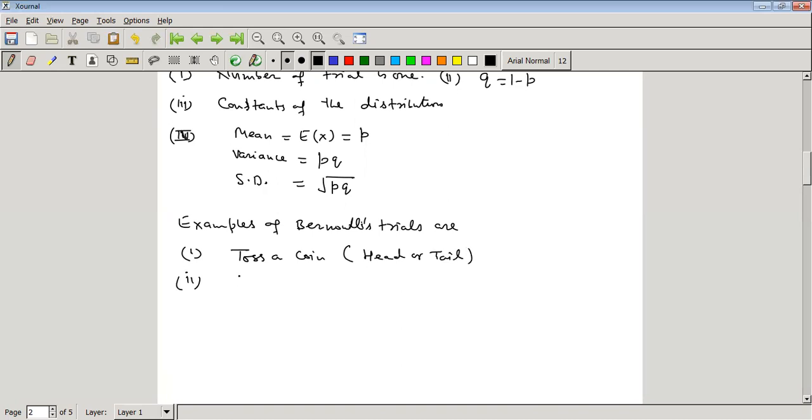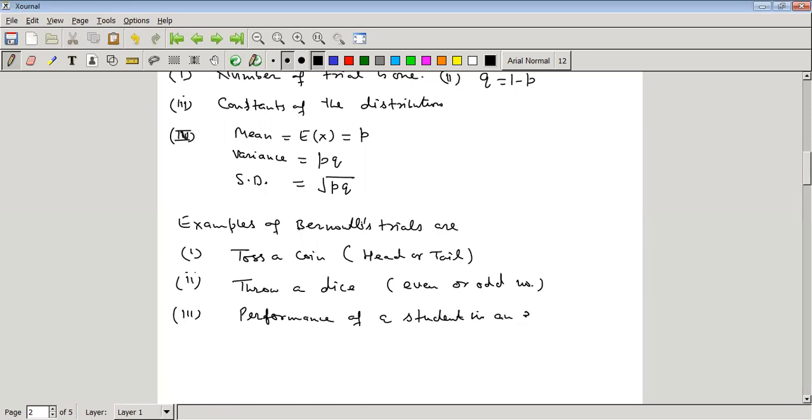Second, we throw a dice, we get an even number or an odd number. Performance of a student in an examination, whether it is pass or fail.